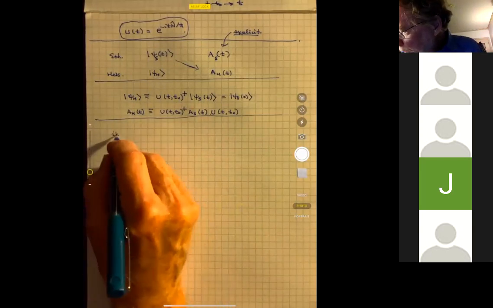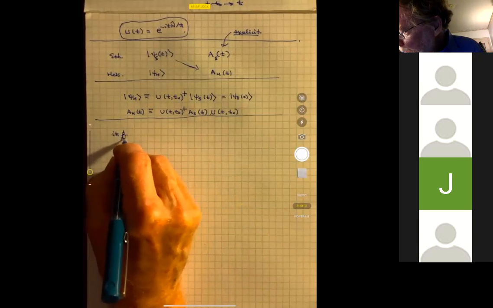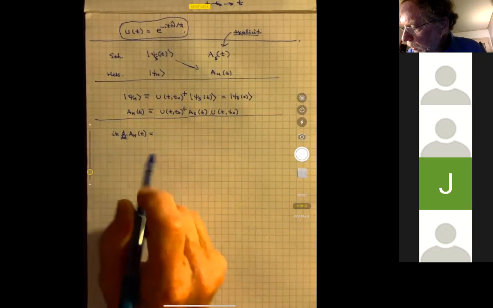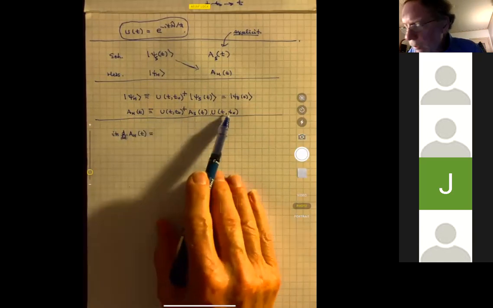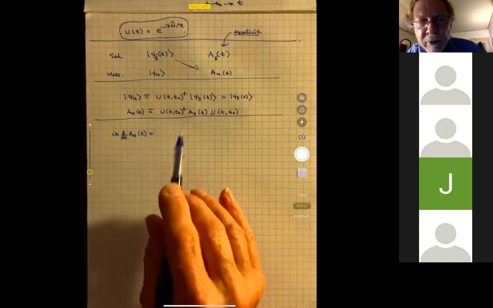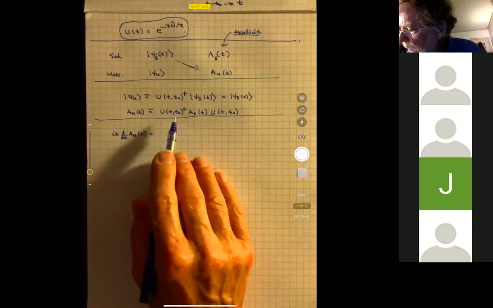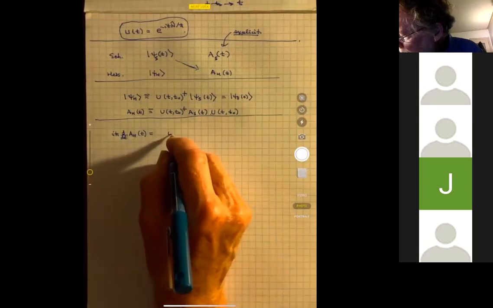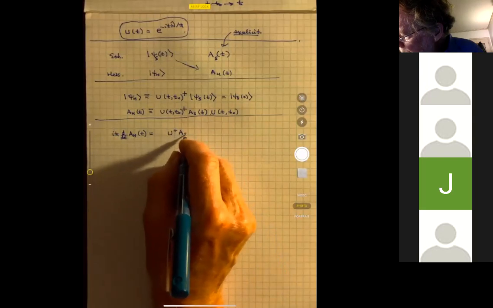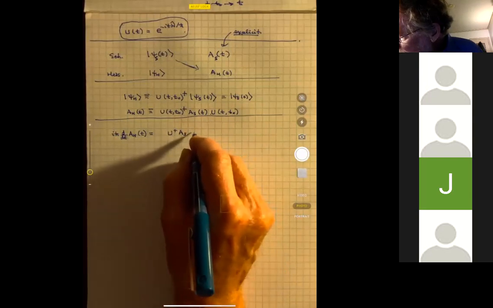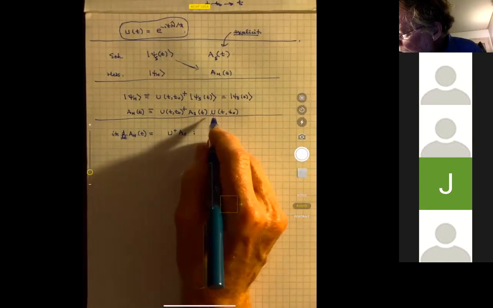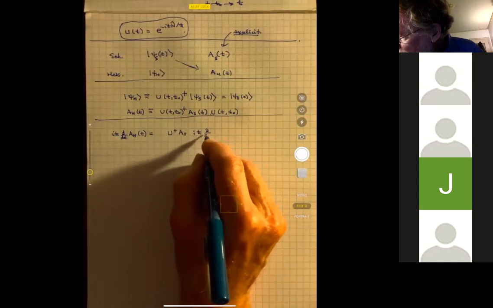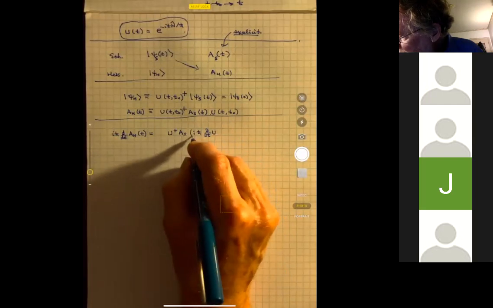Let's work out iħ d/dt of the Heisenberg operator A_H as a function of time. This just involves applying the chain rule to these three terms that you see on the right-hand side. So let me write them out. I'll take the last term first. It becomes U dagger times A_S, and then I have iħ dU/dt.